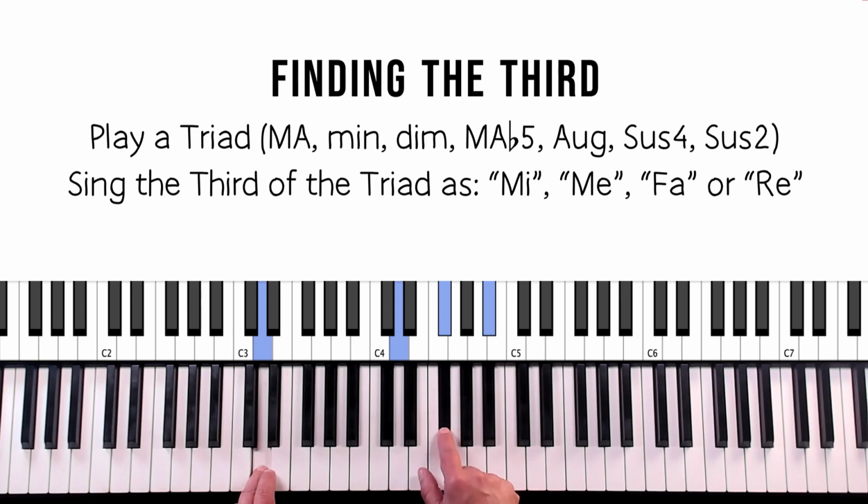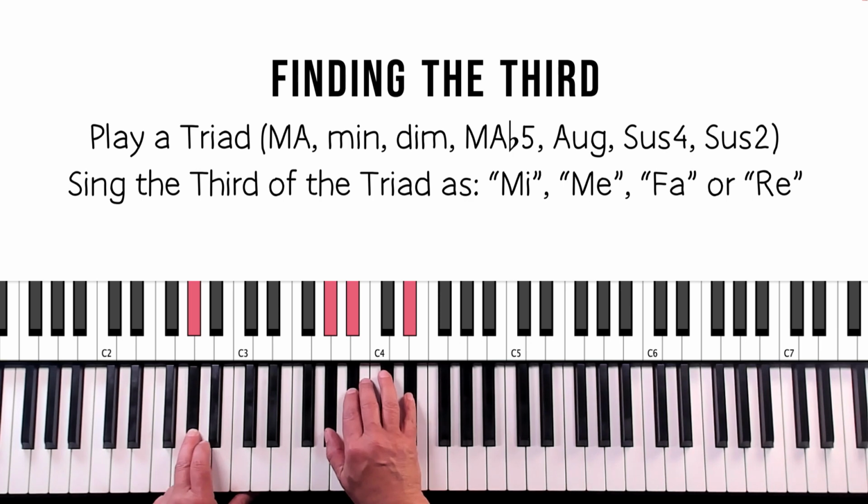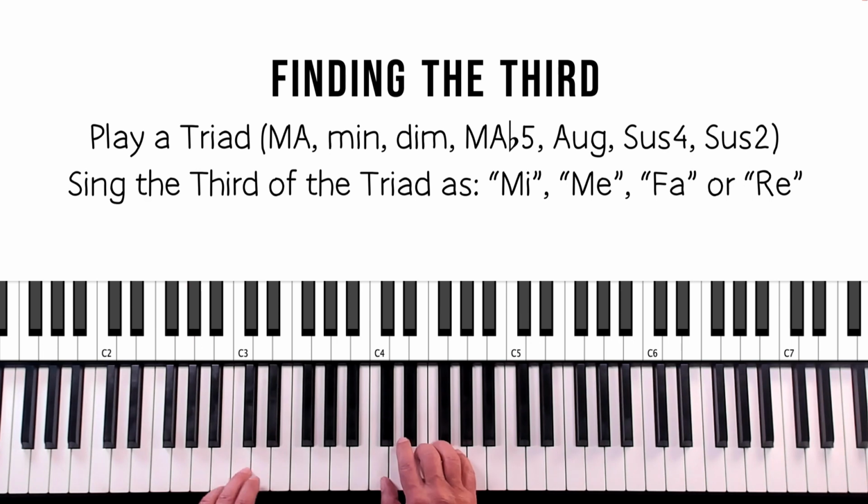Mi. Okay, very good. Now we're gonna go to A flat sus2. We're gonna sing the second, the middle note, which would be the ninth or the second. Re. And let's finish up with C. Let's sing the third. Mi.